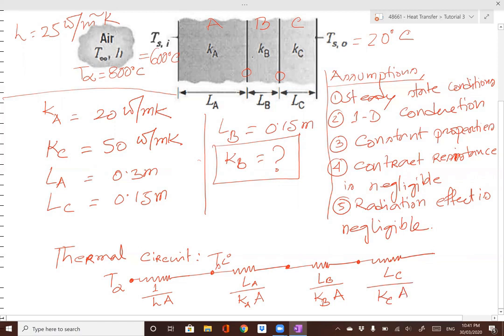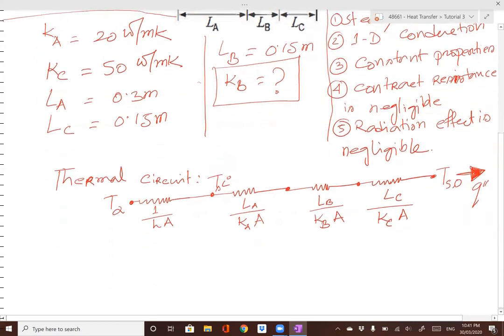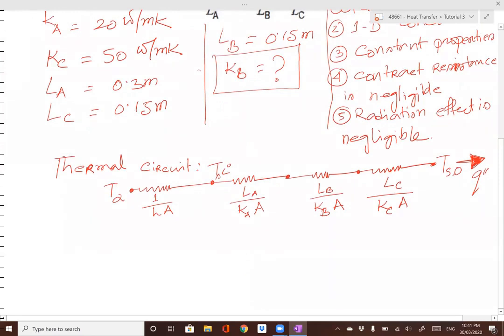Then the oven outer surface temperature. So heat will flow from the oven inside to the outside, that is the heat flow direction.